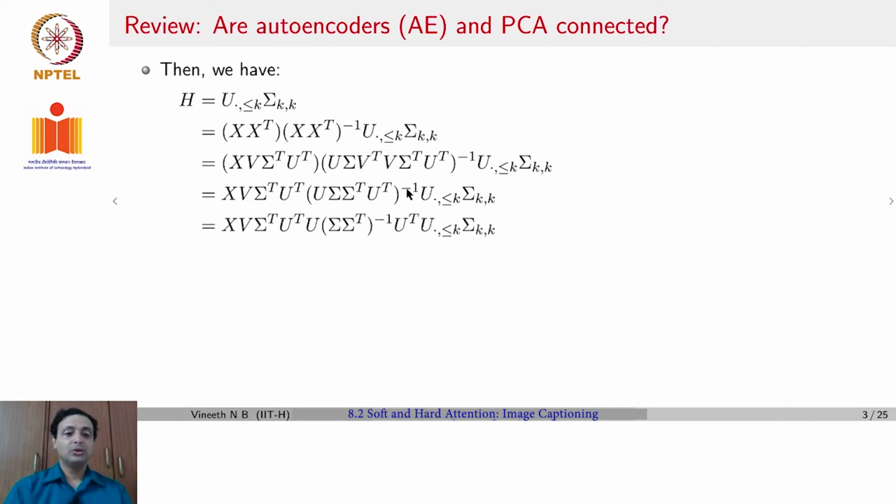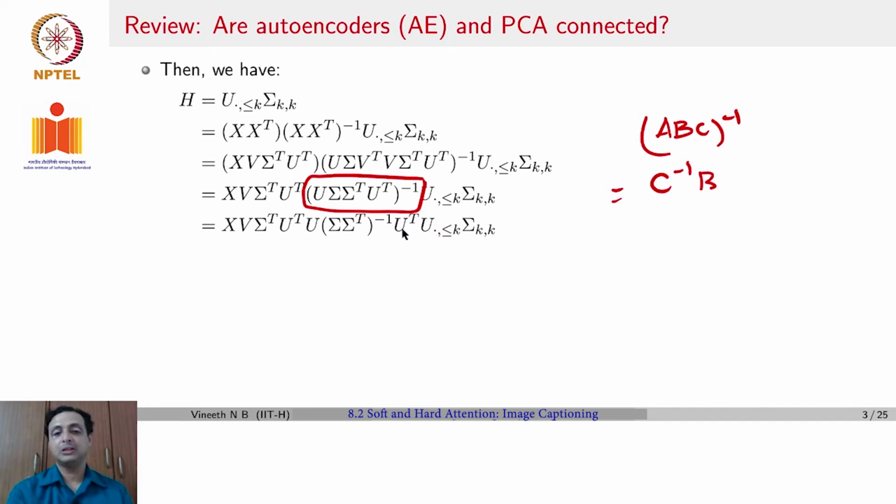Now, you can also write this as U coming out first, then sigma sigma transpose whole inverse, then U transpose. How did this happen? This comes from the inverse of this matrix. Remember, if you have three matrices A, B, C, whole inverse, that's given by C inverse, B inverse, A inverse.